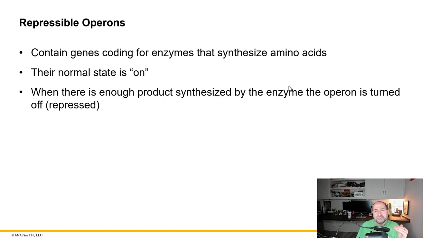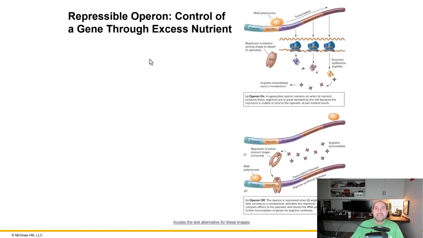If there's not much of that amino acid in the environment, you need to synthesize your own by expressing these enzymes. However, if you have plenty of that amino acid in the environment, you could save resources by repressing the operon for these enzymes. Here's an example of a repressible operon. This is known as the ARG operon or arginine operon.